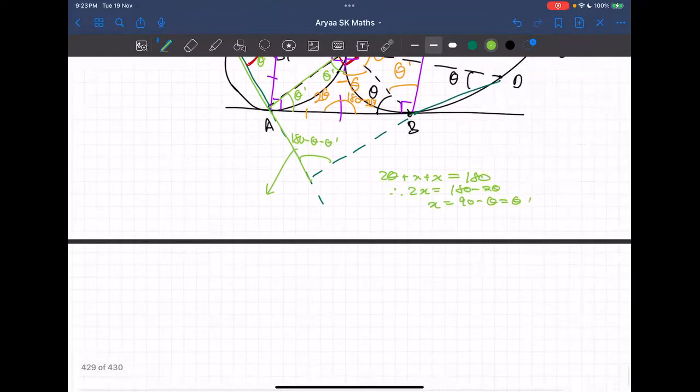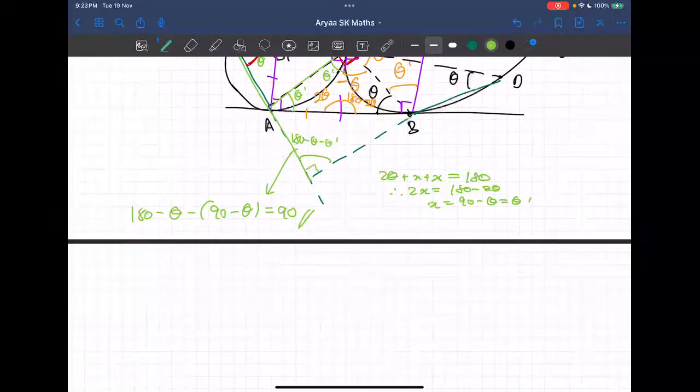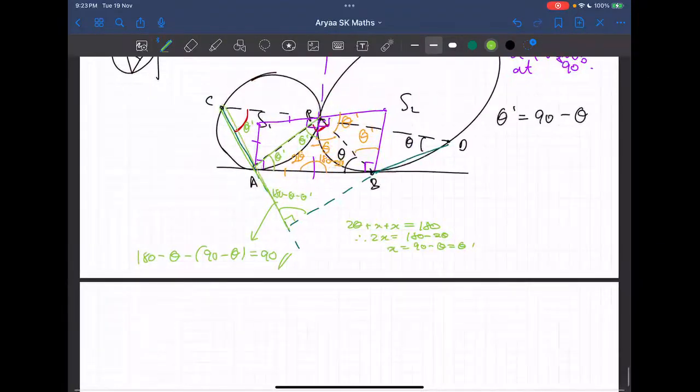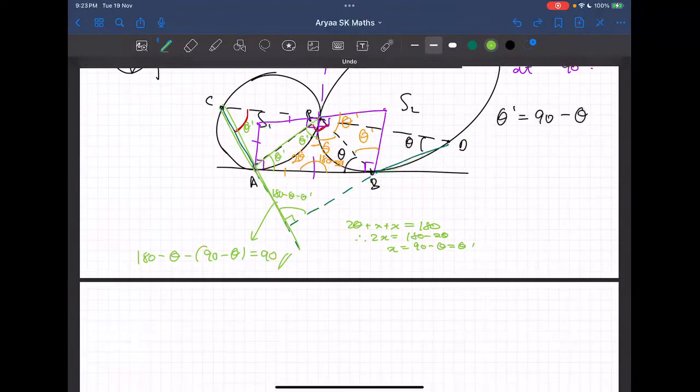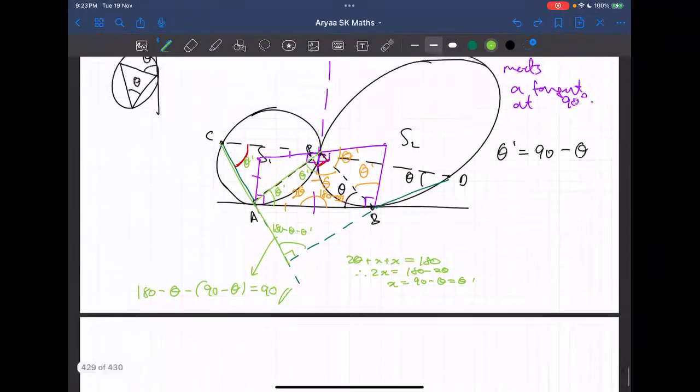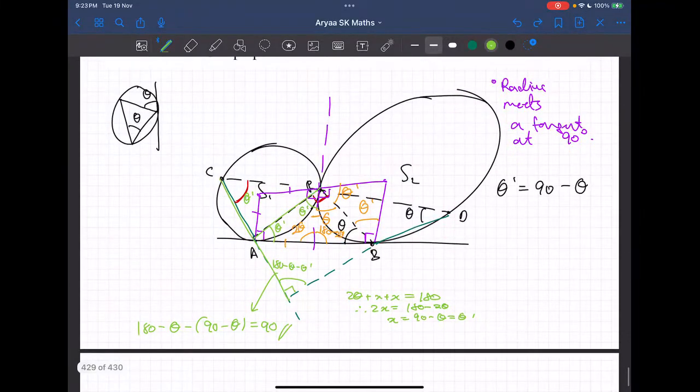And luckily we know theta dash is 90 minus theta. That just simplifies down to 90. So we proved that this is a right angle. So therefore, CA and BD meet at 90 degrees. And there we go, we're done.